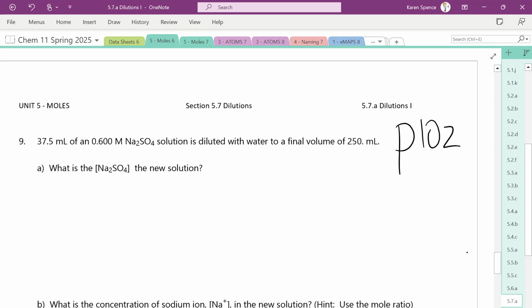So when we are finding a new concentration, number one, you have to find the moles.